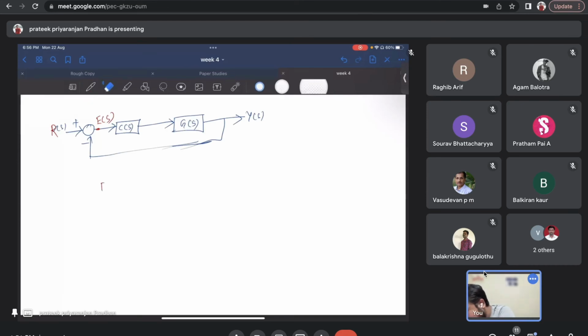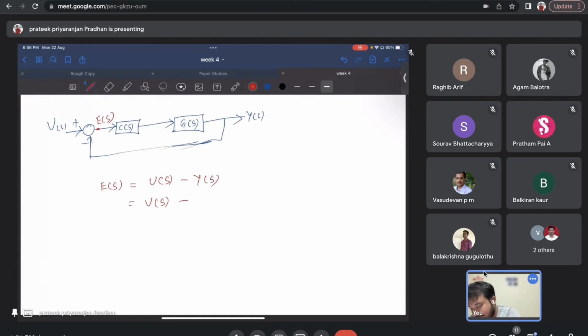I'll keep it as u. e of s is equal to u of s minus y of s. Simple. This is negative feedback, that's why minus. That implies u of s minus c, the actual system that I had.